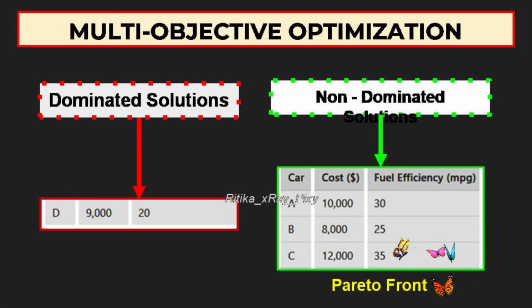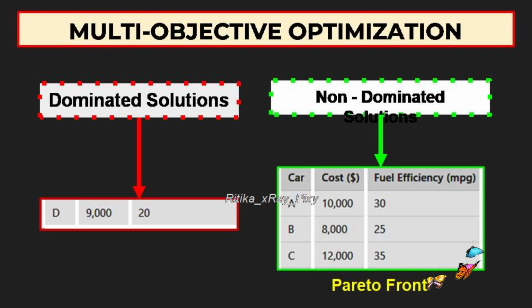So we will not consider dominated solutions, we will consider the non-dominated solutions because they are the best solutions. They represent the best trade-off between multiple objectives. They are the Pareto front, they are efficient, optimal in terms of the objectives being considered.